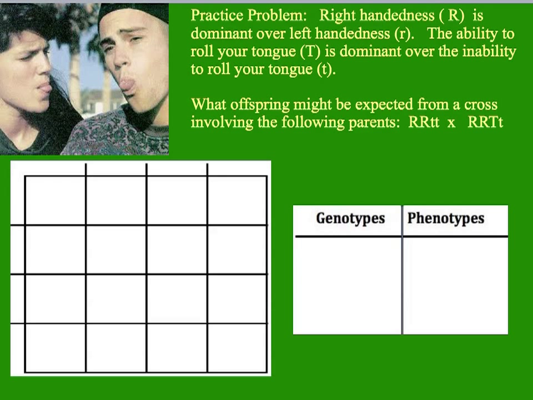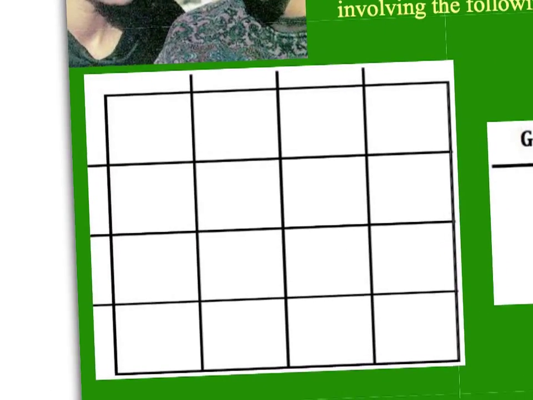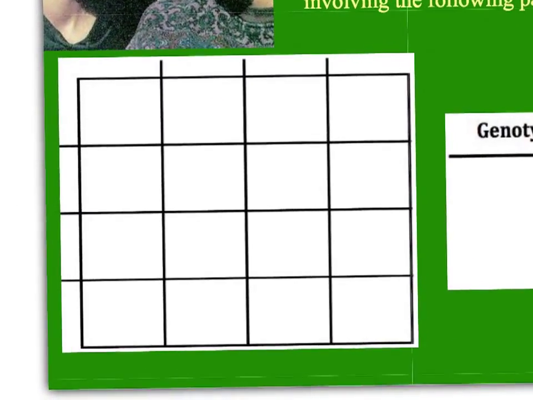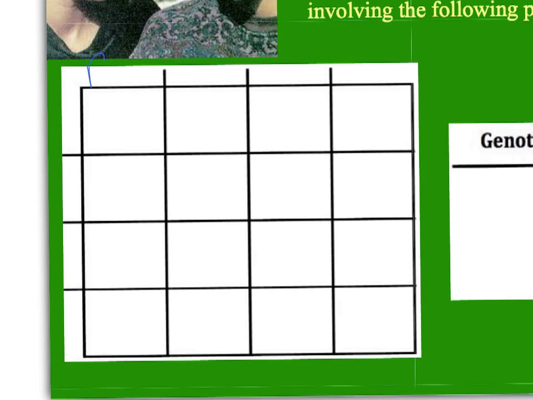I have been very, very nice here and given you those. Okay, so remember the first step is to figure out how they segregate during meiosis. And in this case, we'd have big R's, little t's. That's all we have there. And then here we have big R's and a big T and a big R and little t. So when I do my Punnett square here, I'm going to have, whoops, big R, little t, all the way across here.